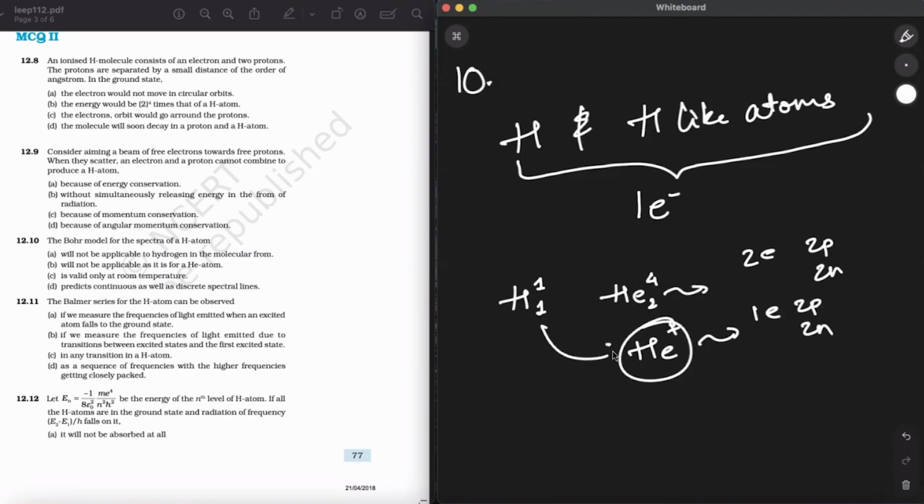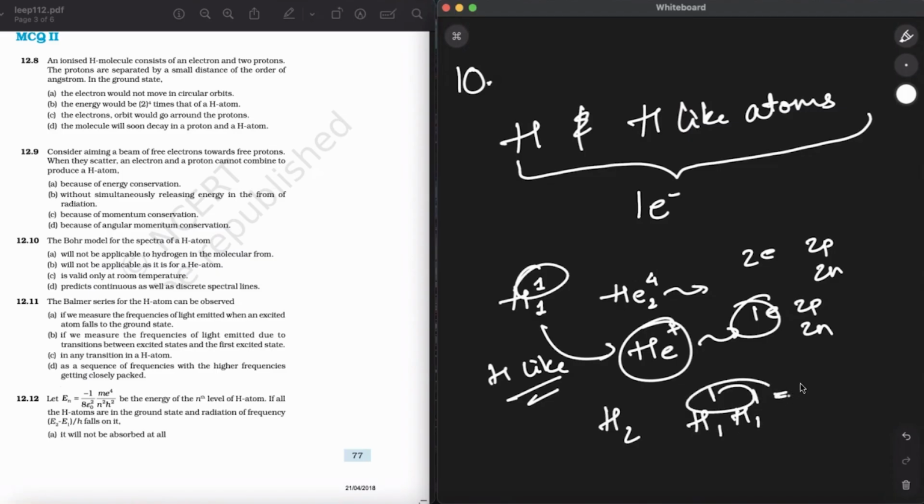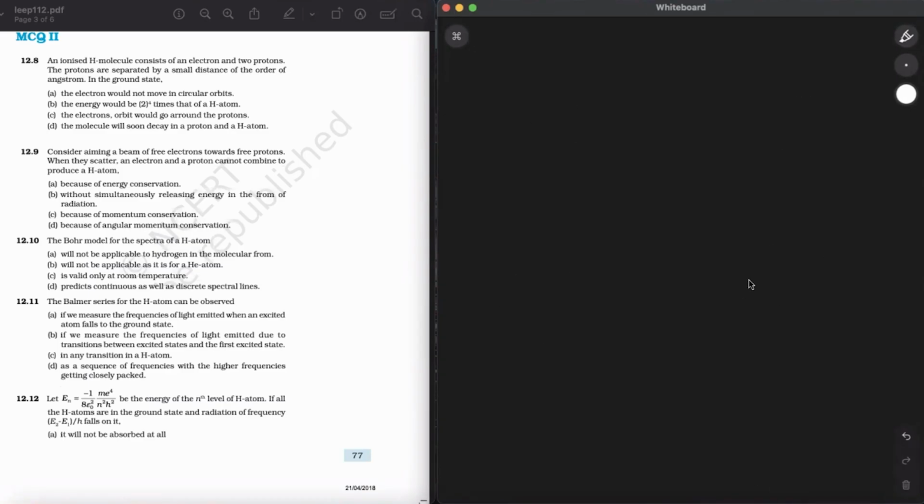So this is also hydrogen-like. What is unique about them is the one electron that they have. But if you see molecular hydrogen, H2, it has two electrons. So the Bohr model spectra for the H atom will not be applicable for H2, because it has two electrons. So option A is correct.